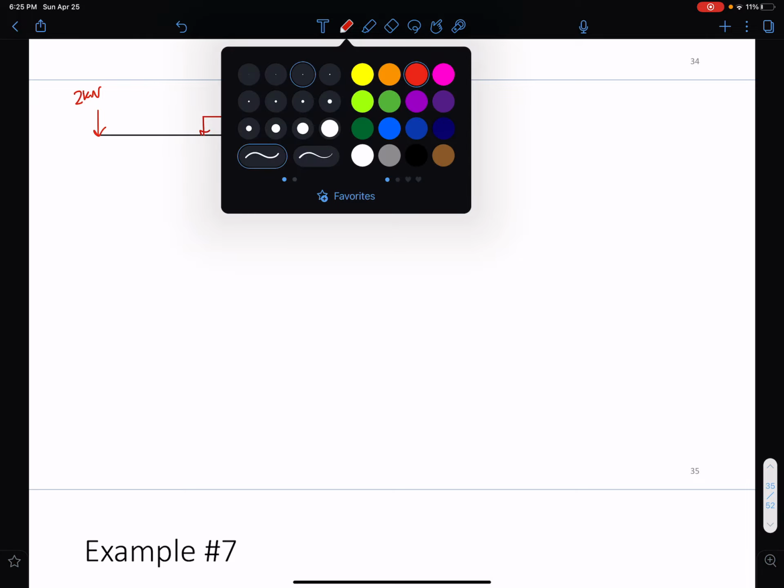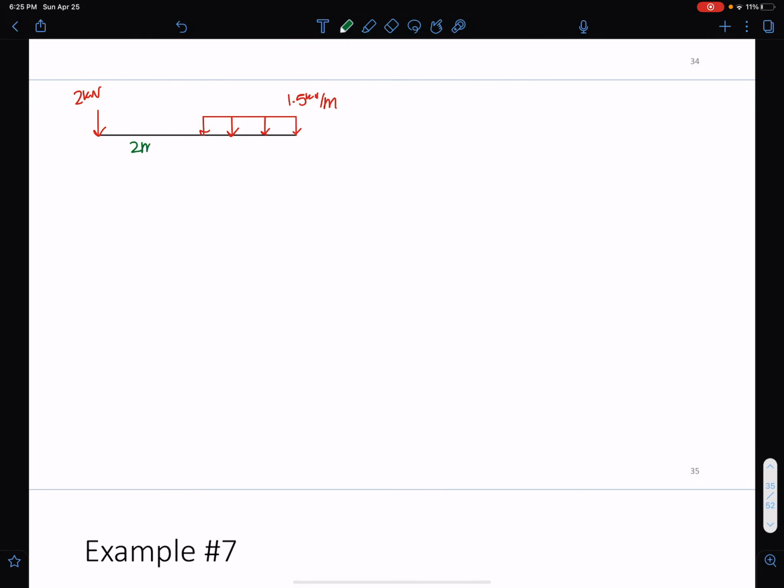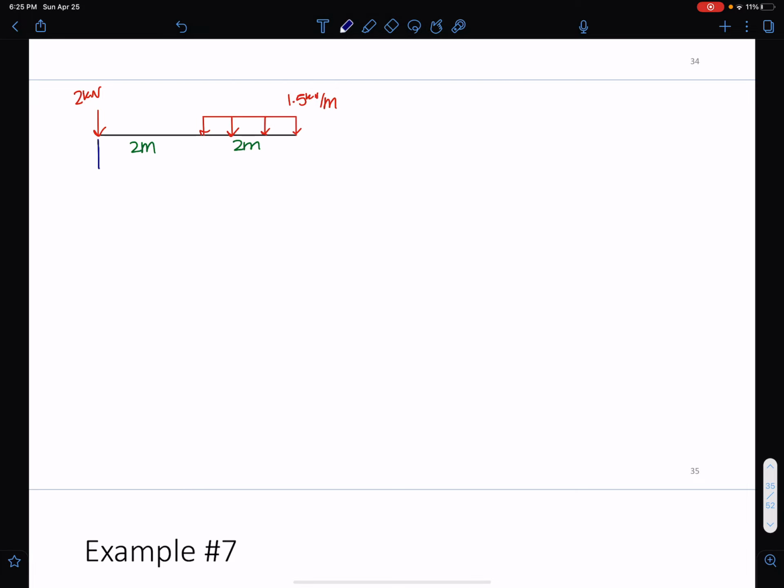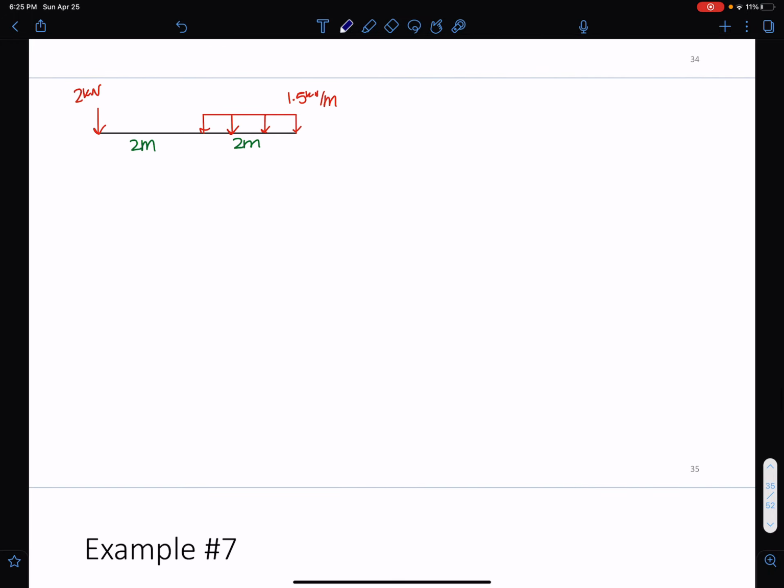So what's going to happen, and this is 2 meters here, 2 meters here. I have reactions. Oh wait, actually, I have a cantilever system, so my only reactions are here. My By is equal to 5 because this resultant here is 3. And my MB at the end there is equal to 11.